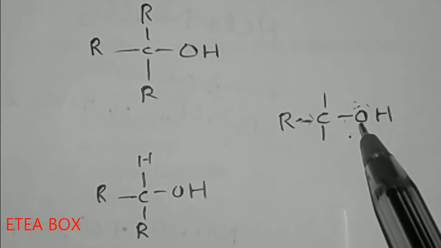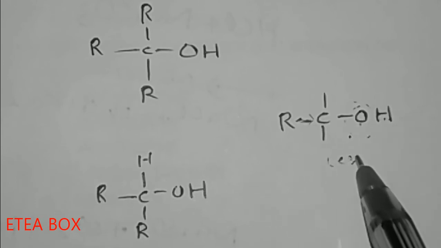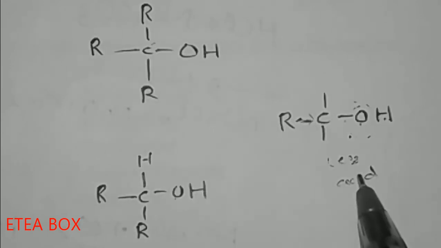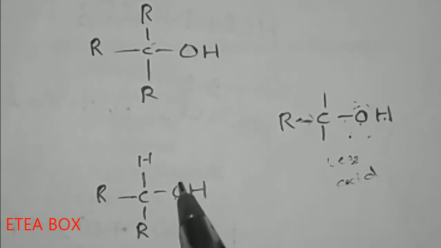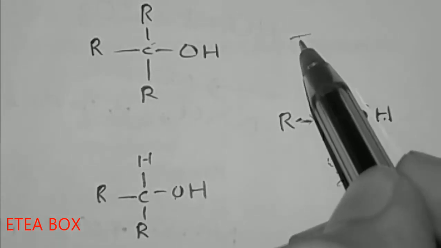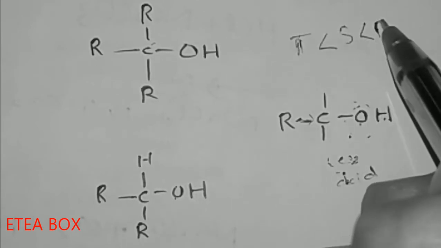So this oxygen makes a stronger bond with hydrogen, so this is less acidic. But as compared to these two, this one is more acidic. So we can say that tertiary is less acidic than secondary, and secondary is less acidic than primary.